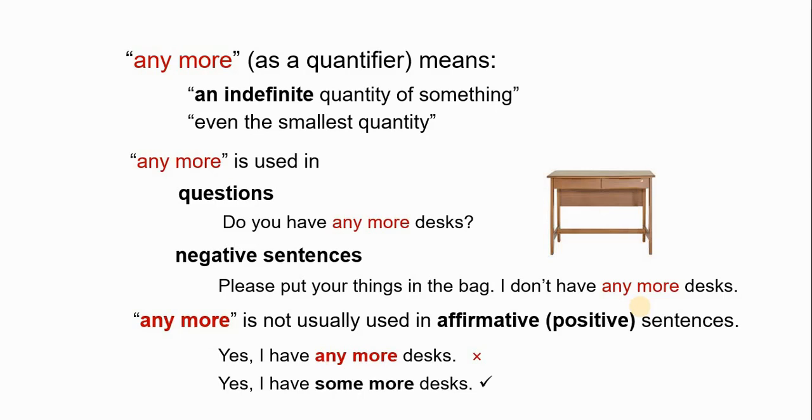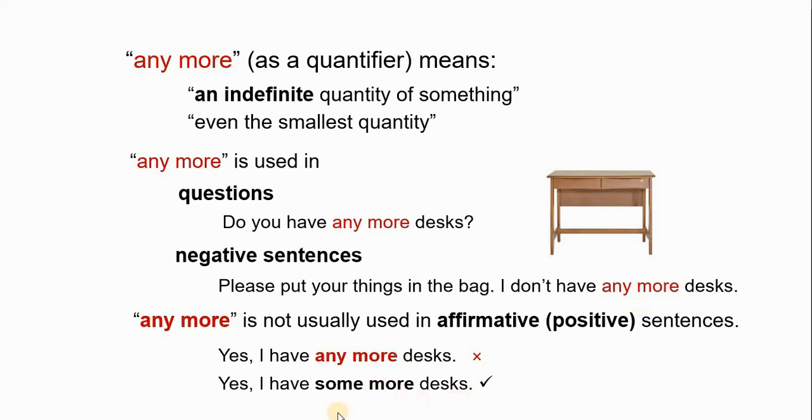Yes, I have some more desks. Yes, I have some extra desks. And again, this indicates an indefinite quantity. Maybe I have 20 more desks. We don't know. I didn't specify it. So in affirmative, we would use some more desks.